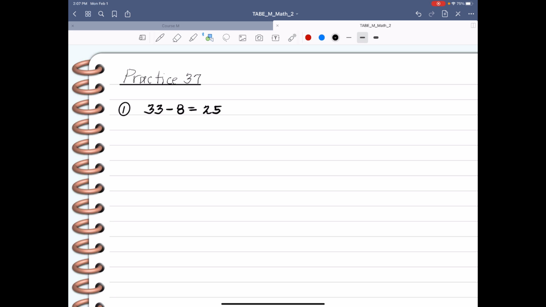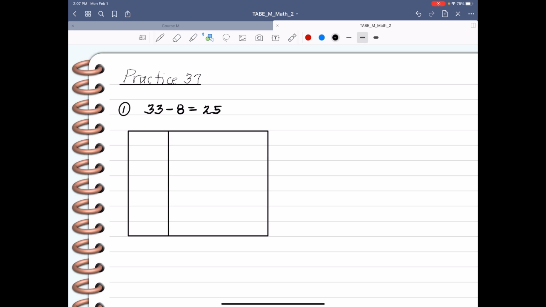Now, I'm going to draw an input-output table. I'm not sure how many rows I'm going to need. If I need to, I'll add a few more. I may not need all that I've drawn. We'll just have to see how this plays out. So I'm going to call this one handfuls.